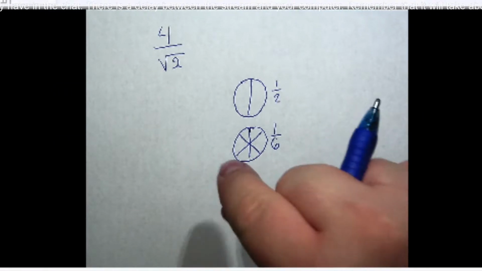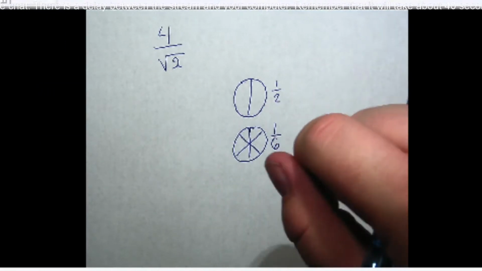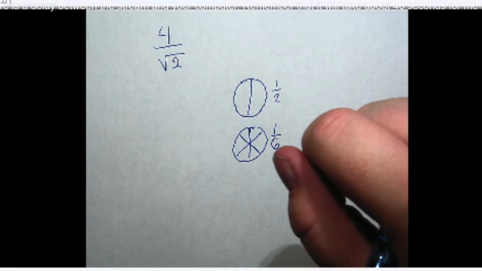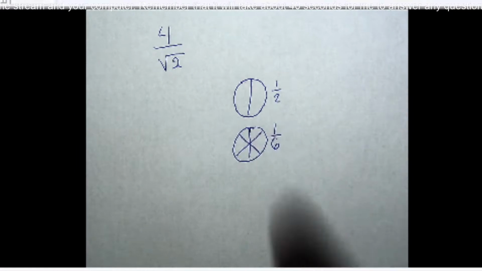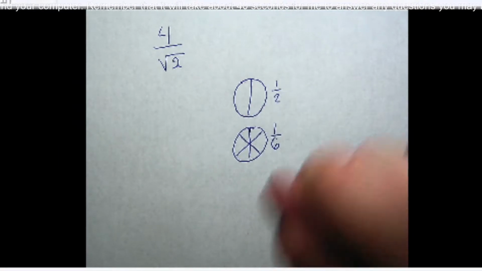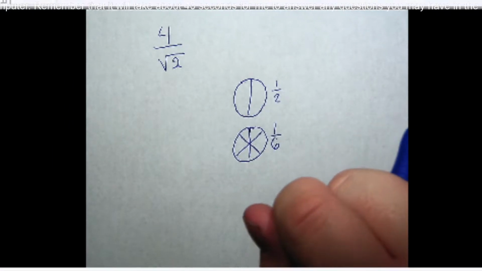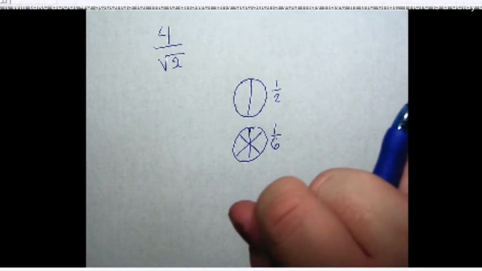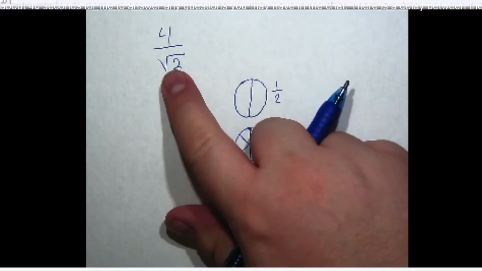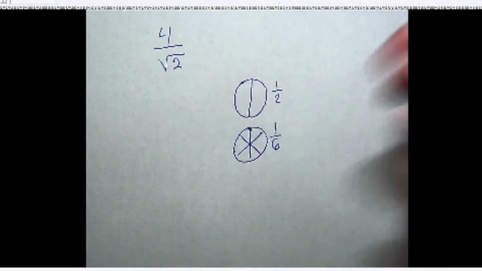So how do we cancel out a square root? Not just another root. Right, itself. By itself, yeah. Remember that multiplying something by itself is squaring, and squaring is the opposite of a square root.